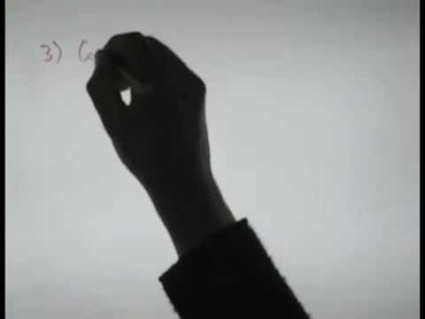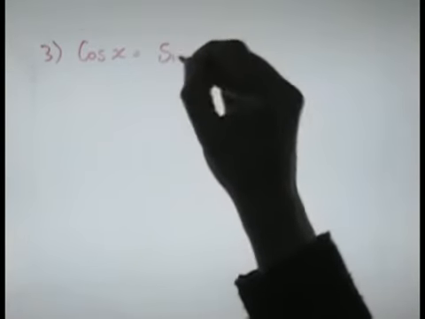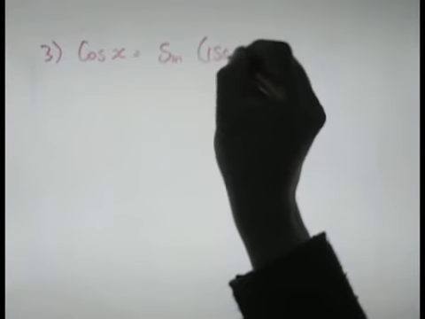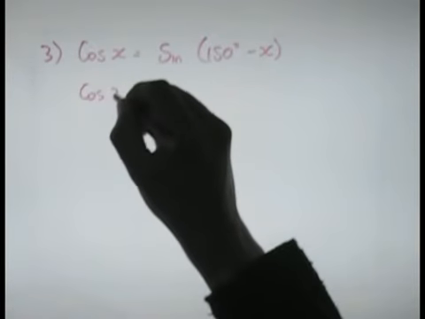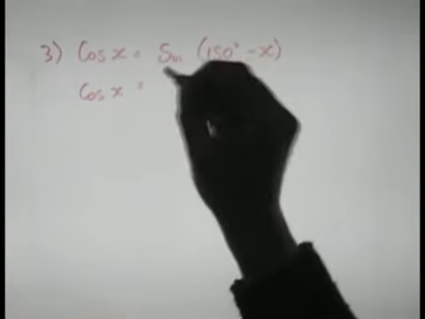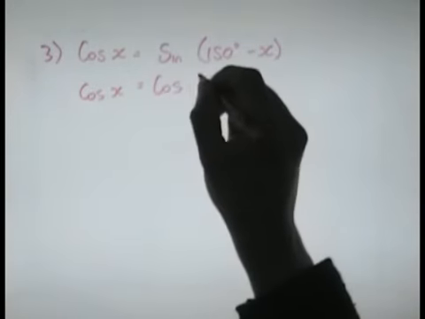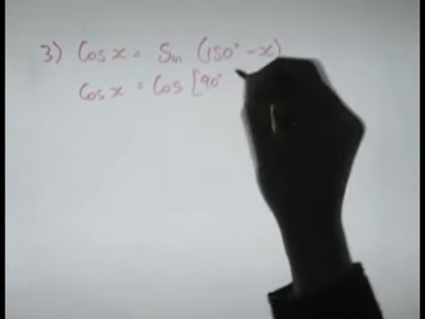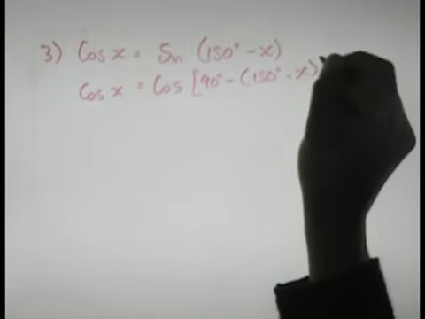Number 3 says cos of x is equal to sine of (150 degrees minus x). I'm going to leave the cos of x as is, but turn the sine into cos of (90 minus (150 degrees minus x)).